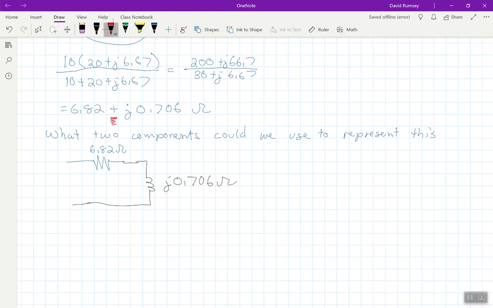And the purpose for equivalent impedance, it's not the sole purpose, I should be careful, but one of the most important things for equivalent impedance is going to be max power transfer.